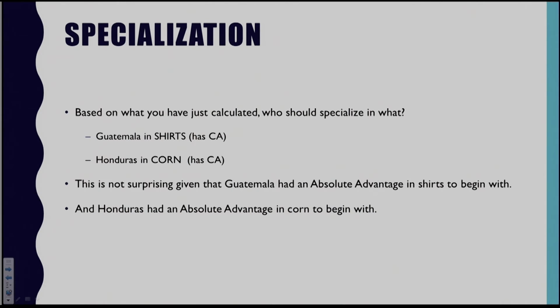But again, you'll have problems on your quizzes and tests, and you're not going to be able to just rely on absolute advantage. For example, what if Guatemala had had the absolute advantage in both activities? Then you couldn't use absolute advantage to divide out the tasks. So please remember that you've got to use the theory of comparative advantage, and that means calculating the opportunity costs.